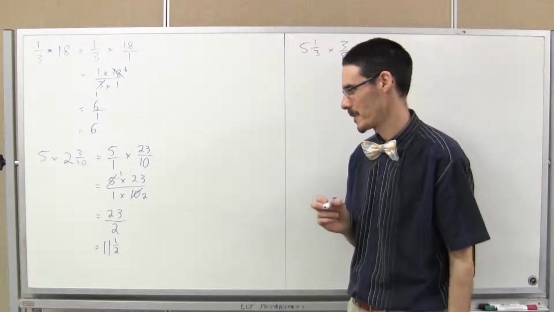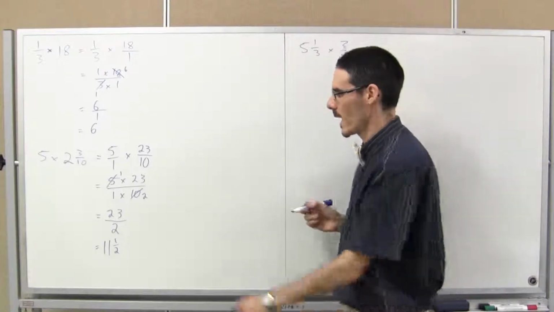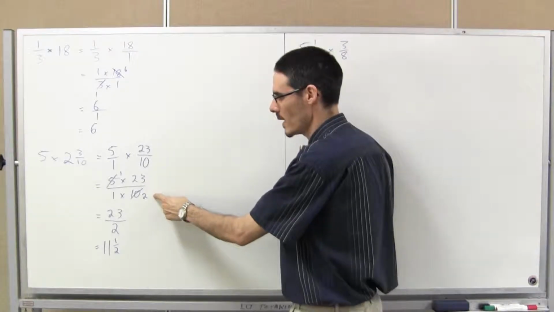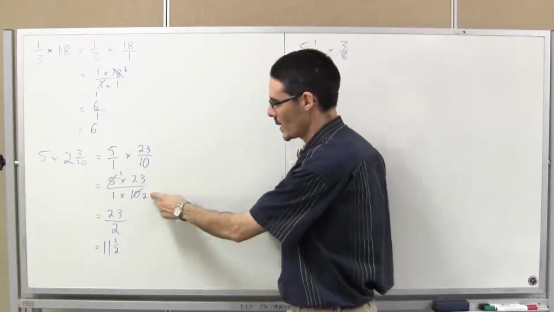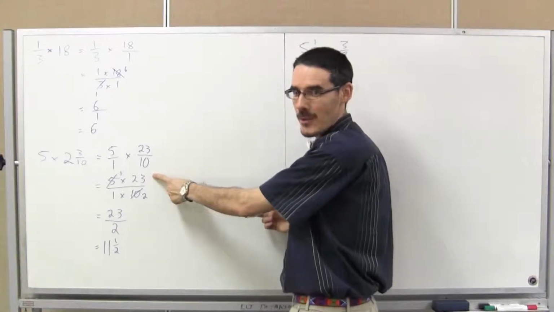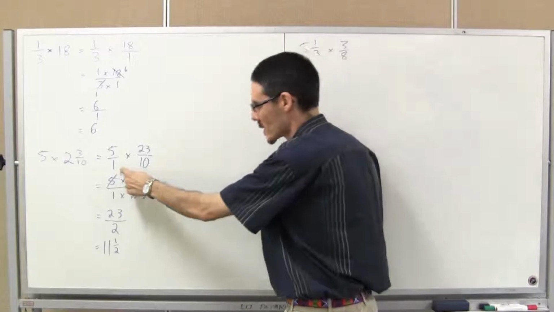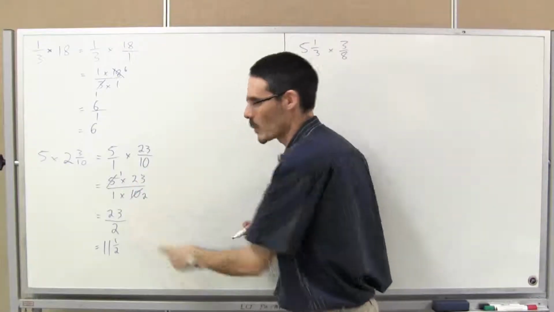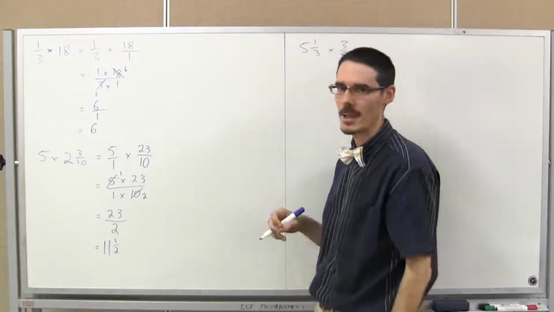Easy enough. If you forget to cancel factors here, that's okay. You'll just have to do a big multiplication. 5 times 23. That's a big number and pretty hard to work out. But if you spot the common factor before you do that, then the numbers are smaller. You will get the same answer in the end.